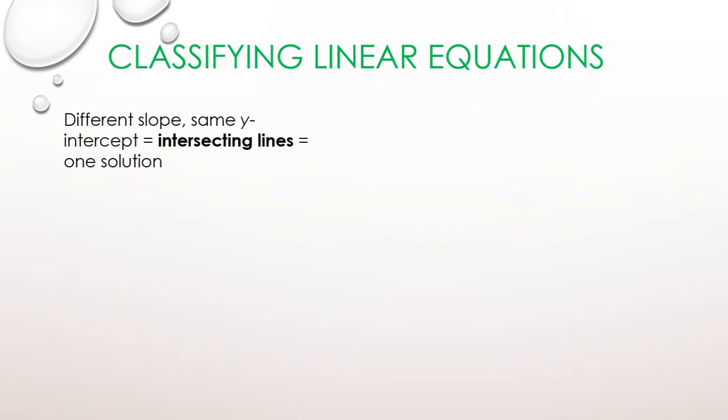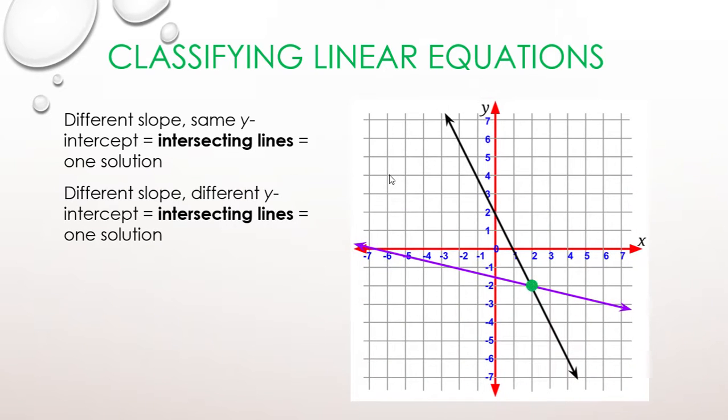So, classifying linear equations. Earlier we used intersecting lines. Keep in mind, intersecting lines have different slopes, but they could have the same y-intercept or different. That does not matter. The key point is them having different slopes.